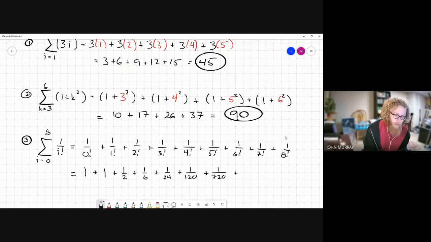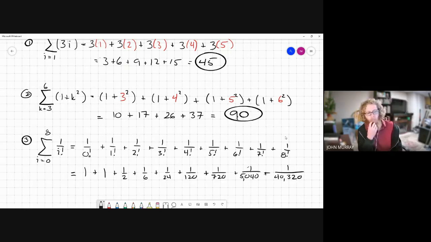And then these are starting to get a little larger: 5,040, and then 1 over 40,320. All right, so we're going to keep them as fractions for now.